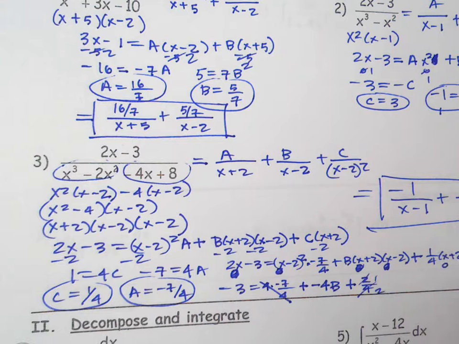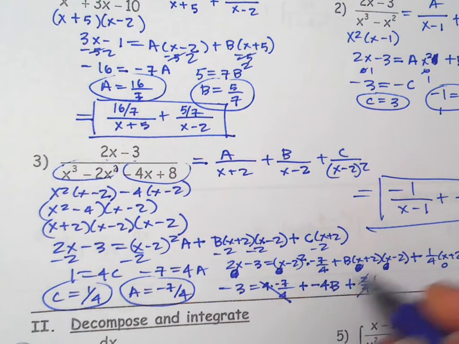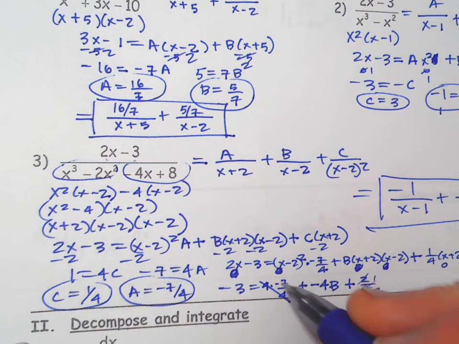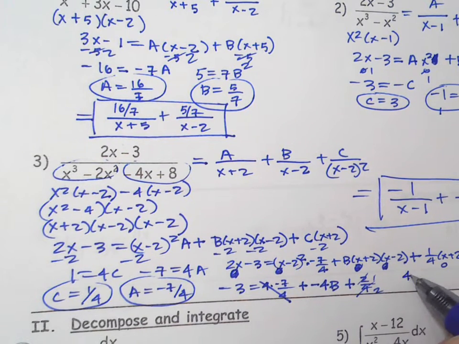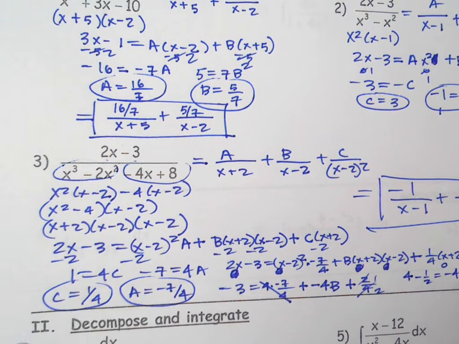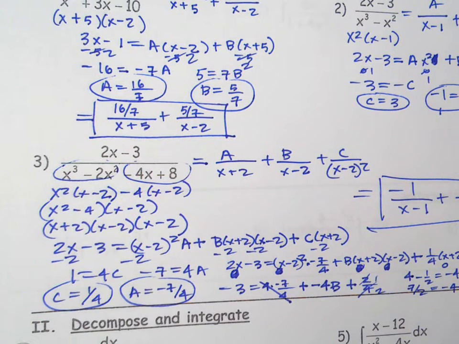I would probably need to do like, I don't know, 6. 6 might have been better. Who cares? We'll just do what we got. Negative 7, add to the other side, get 4. Minus 1/2 equals negative 4B. That's 7/2 equals negative 4B. So B equals negative 7/8.